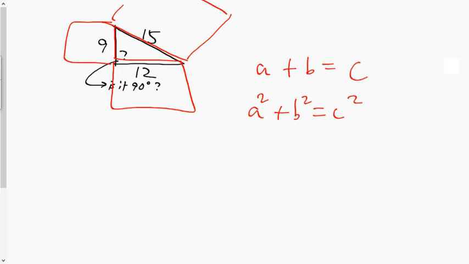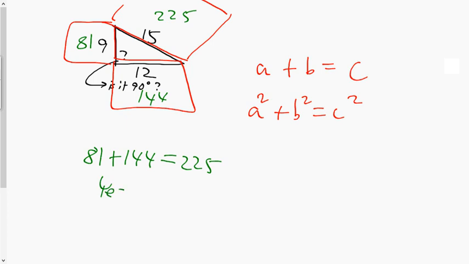So if you did it with pictures, you would put 81, you would put 144, and you'd put 225. And you'd say, because 81 plus 144 equals 225, then yes, it's 90 degrees.